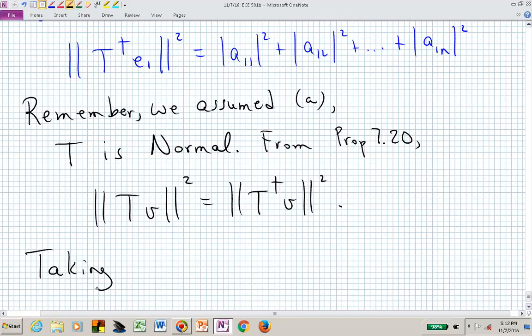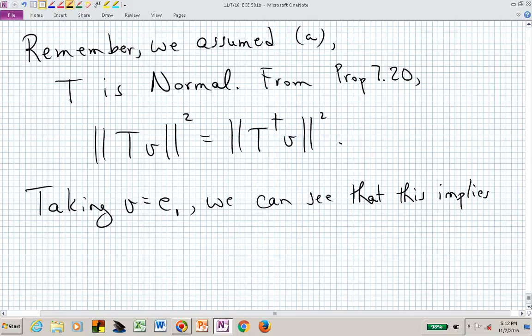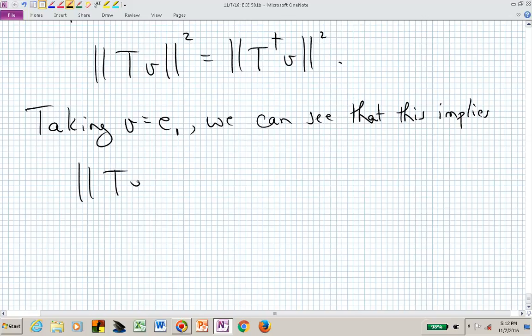If we now look at taking V equal to E1, we can see that this implies that we now have the norm squared of TE1 equal to the norm squared of T dagger E1.